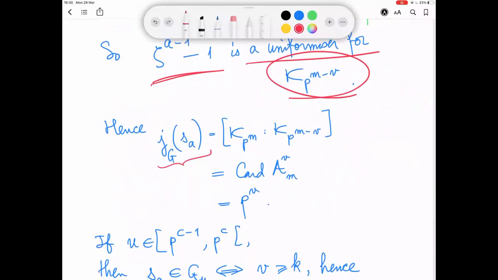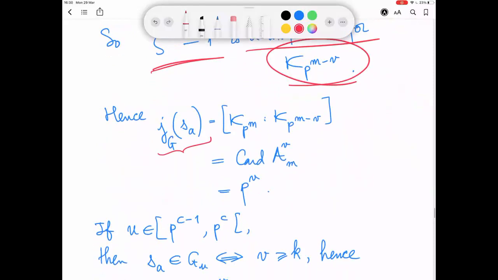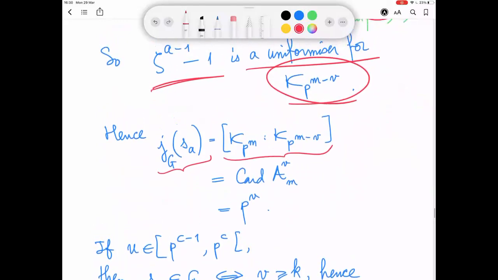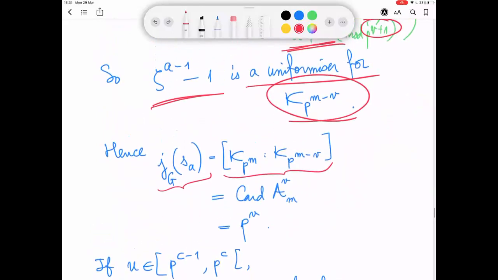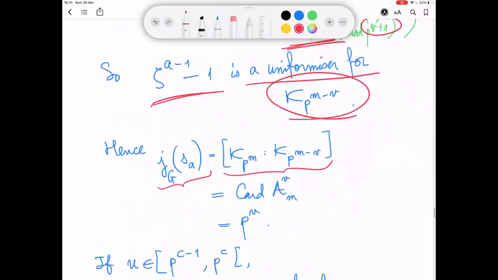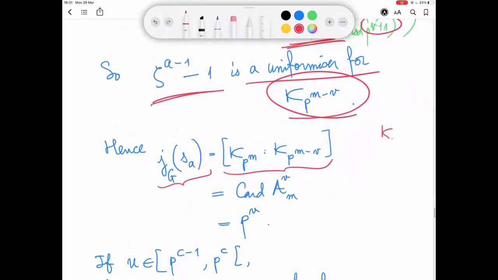And therefore i_G of s_a is just the degree of this over this, right? Because K_{p^m} over K_{p^(m-v)} is totally ramified. And therefore, the left-hand side is equal to the right-hand side.